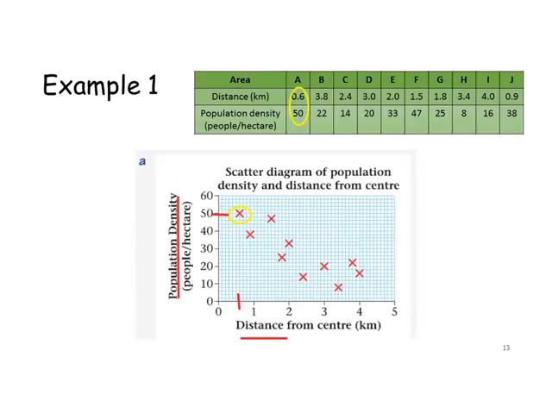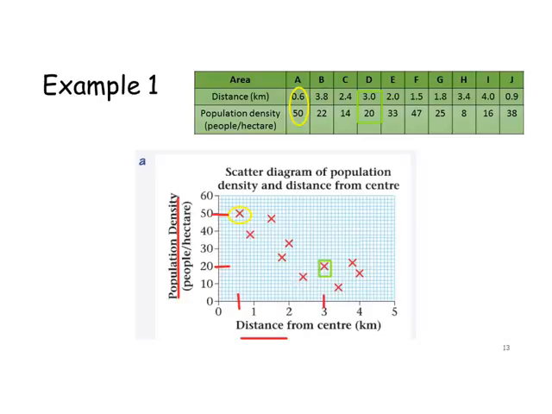We can pick another coordinate, say this one, 3 and 20, and on the diagram, where is that? That is, you can see here, horizontal coordinate of 3, vertical coordinate of 20. And you continue until you have plotted all of your points. Make sure you label your diagram, and you can see that we have used a scale on the axes as well. So this is the scatter diagram.